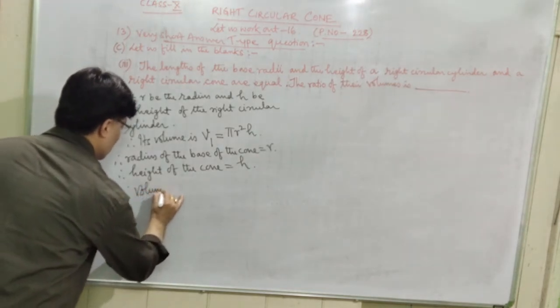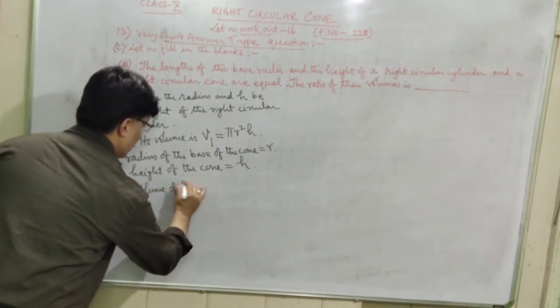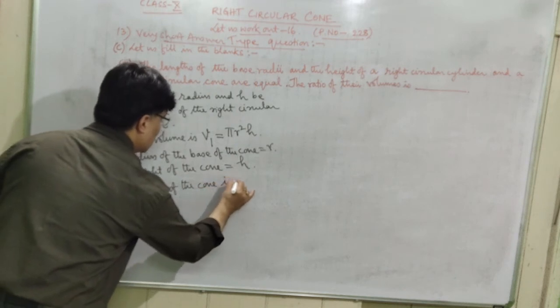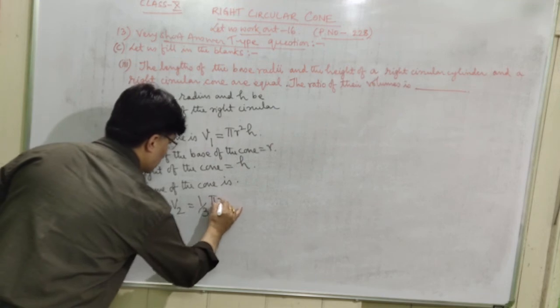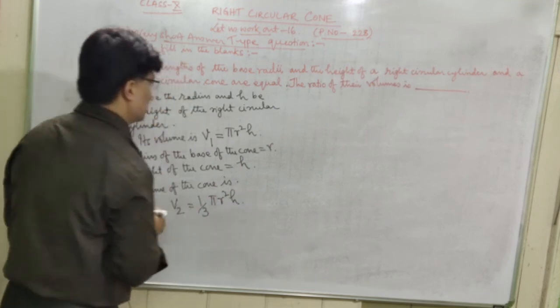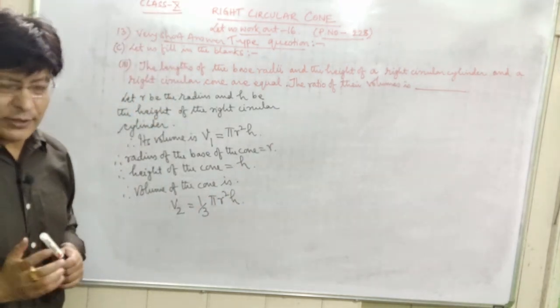Therefore, the volume of the cone is, let us write here V2. What is the formula? It is 1/3 pi r square H. I think you have understood it.